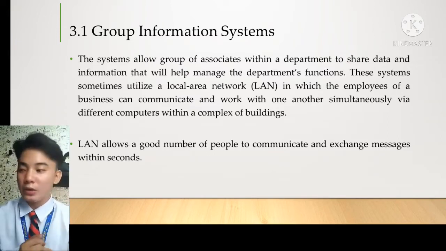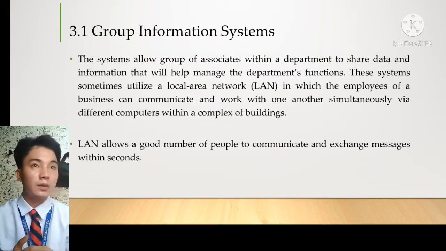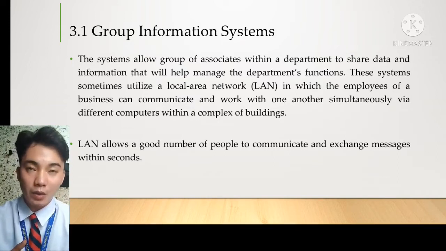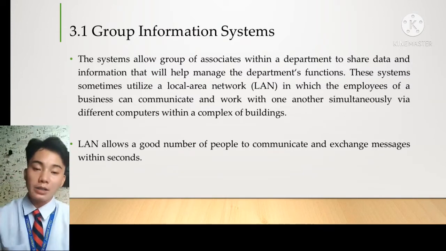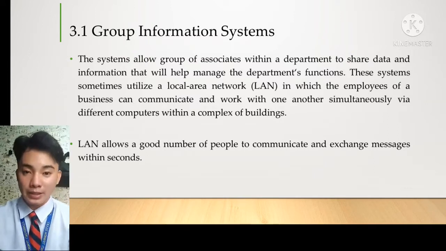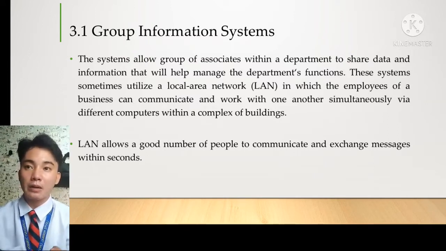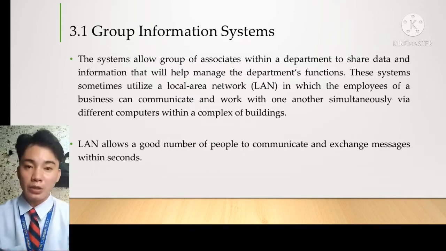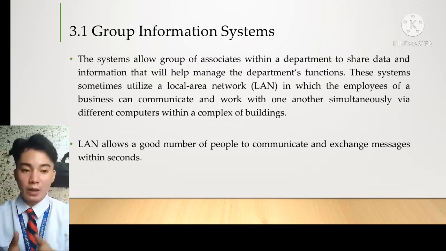After you put the wire into the RJ45, that RJ45 is connected to your PC. Picture that we are here in one building.